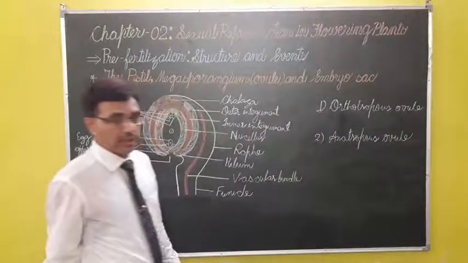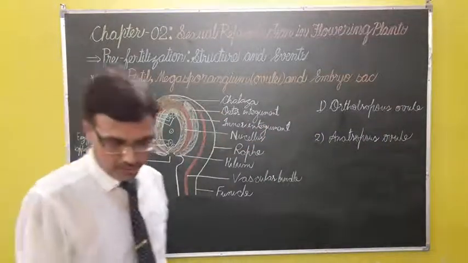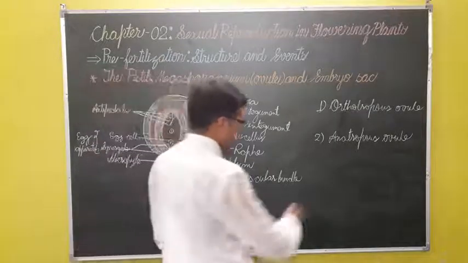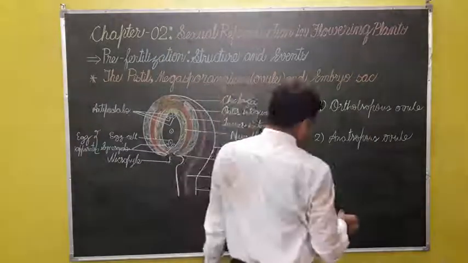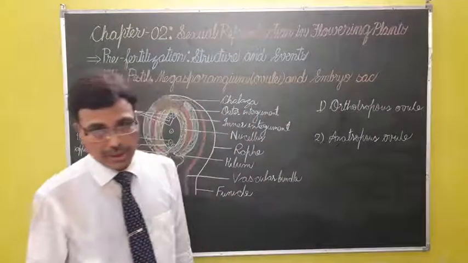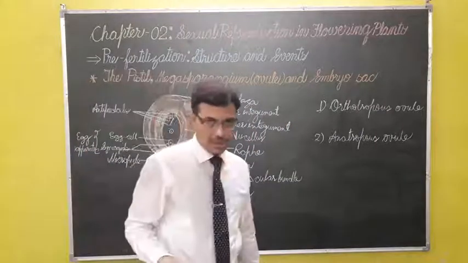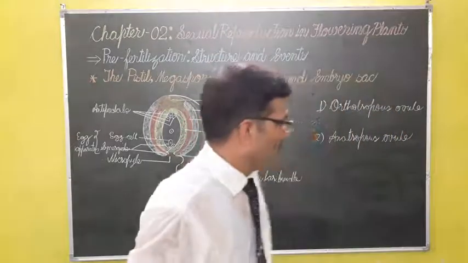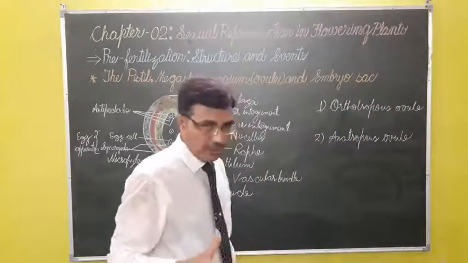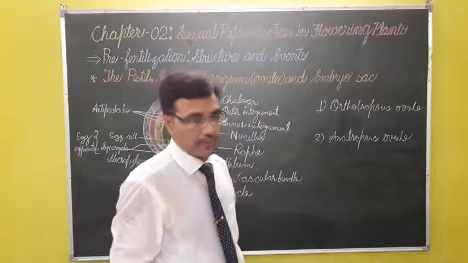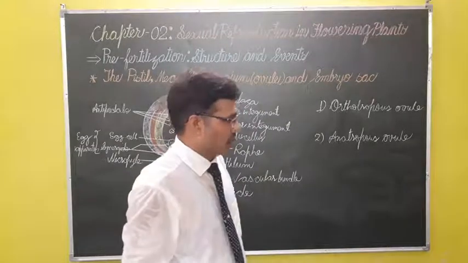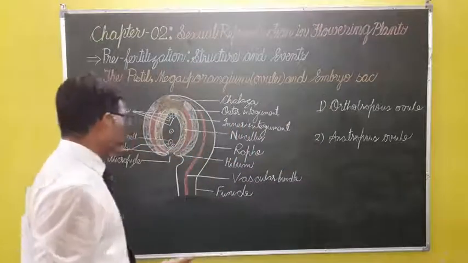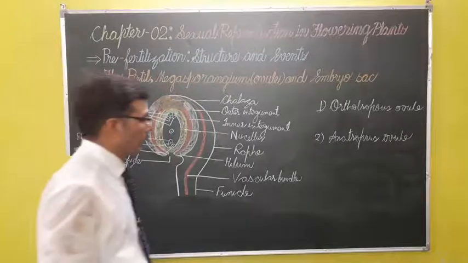Now what is the difference between these two, orthotropous and anatropous ovule? So let us take one by one. Students, as I told you, the ovule is attached to the wall of the ovary. The point of the ovary wall through which the ovule is attached is called the placenta, right?